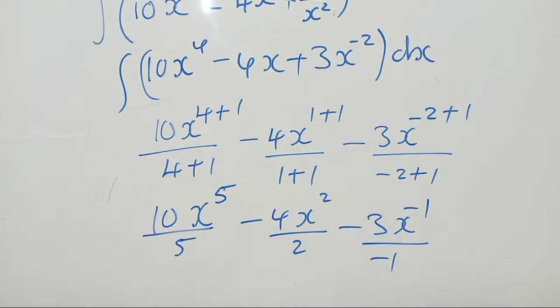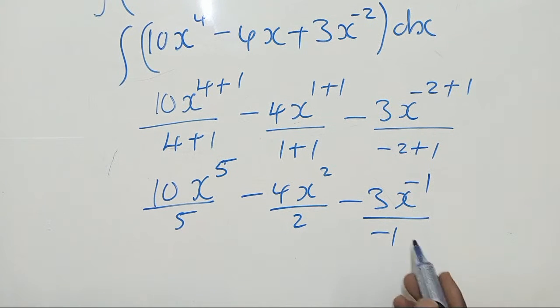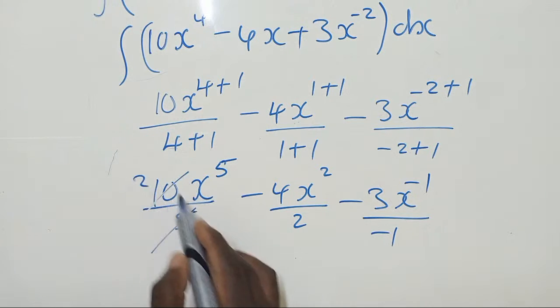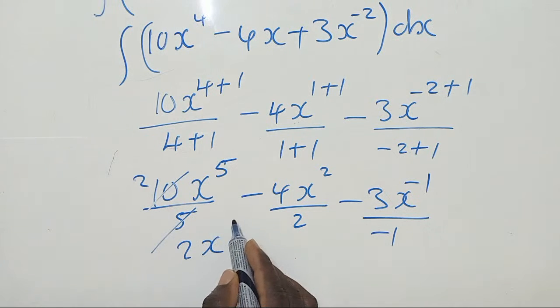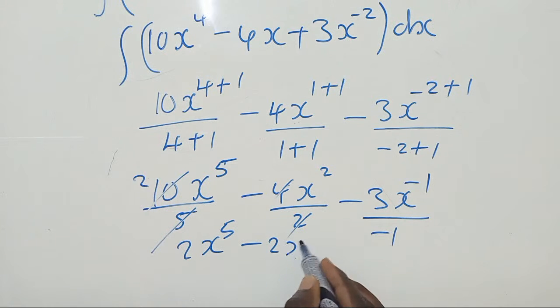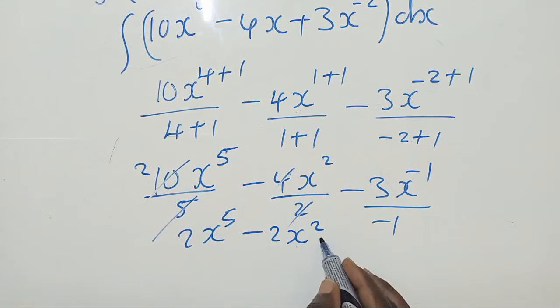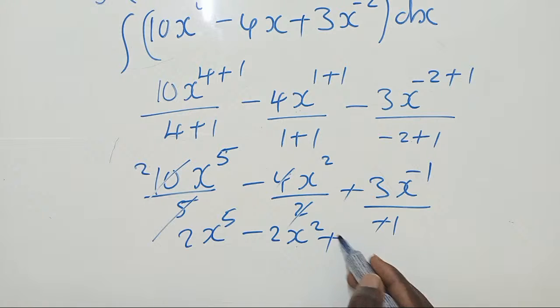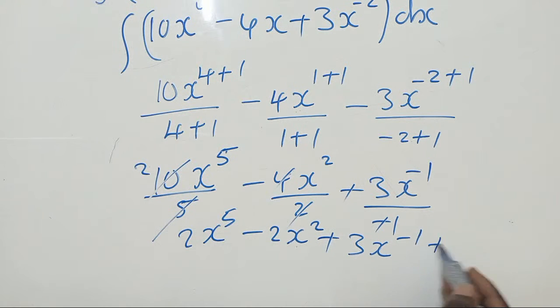Over negative 1. So this 5 into 10 is 2. So I have 2x power 5. Here 2 into negative 4 is negative 2. Here it will be positive, because negative and negative gives positive. So we have positive 3 power negative 1, plus c.